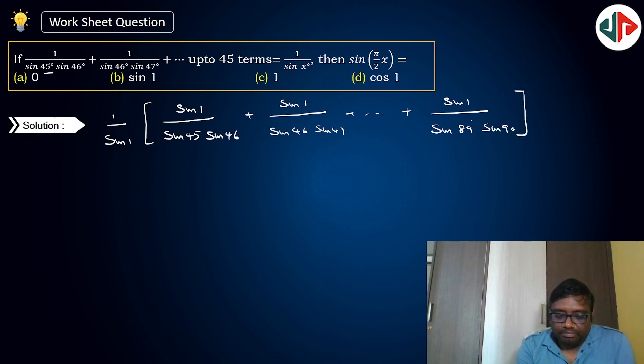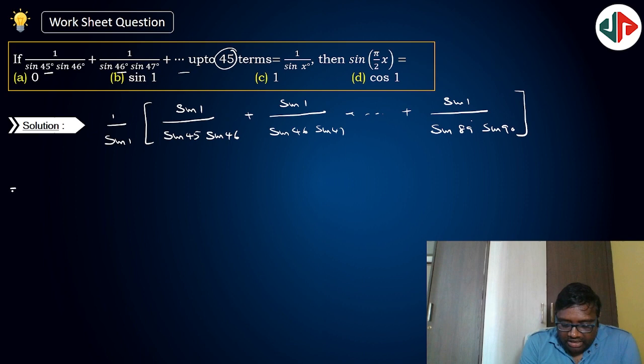Why 89? Here 45, 46, 47 and so on are in arithmetic progression. Your first term is 45 and common difference is 1. Can you find the 45th term? Tn is equal to a plus (n minus 1) times d only. We'll get 89.